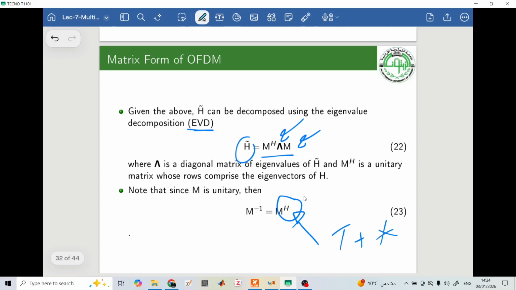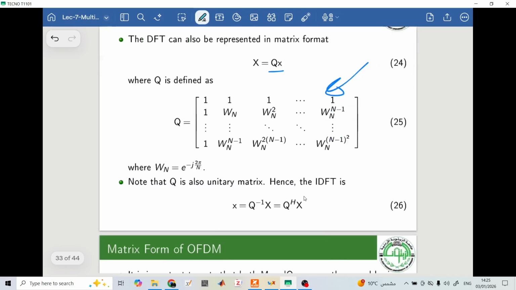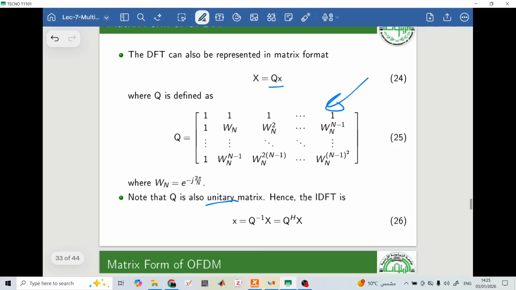Why it's very important, note here, that of course we can do a DFT and precoding. We can represent the DFT or IDFT by matrix multiplication. So this is the DFT matrix, and of course the DFT matrix is a unitary matrix, so we can perform the inverse by the simple operation of taking the Hermitian of the matrix.